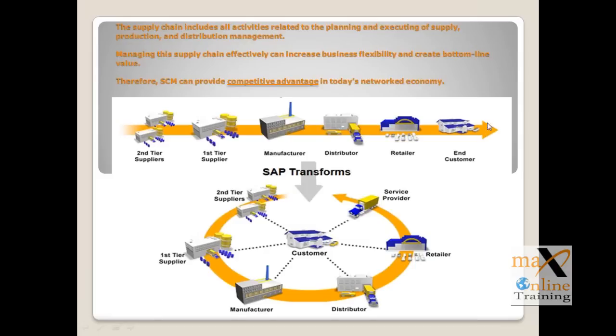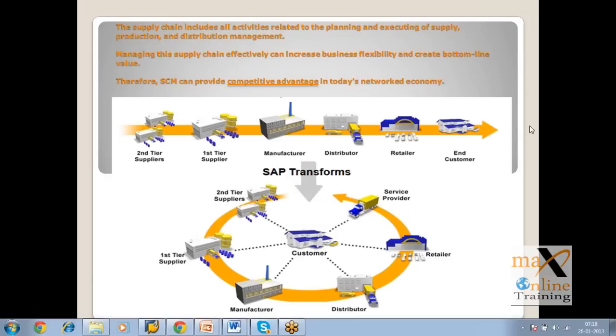So on the right-hand side, the real demand of the customer is 100 units, but coming to the end of the supply chain, it is showing as 200 units. Because of the communication gap, if you don't have proper communication, the supplier doesn't know what the customer really requires. So it comes out as 200 units, though the real demand is 100 units, and we are ready to prepare for 200 units.